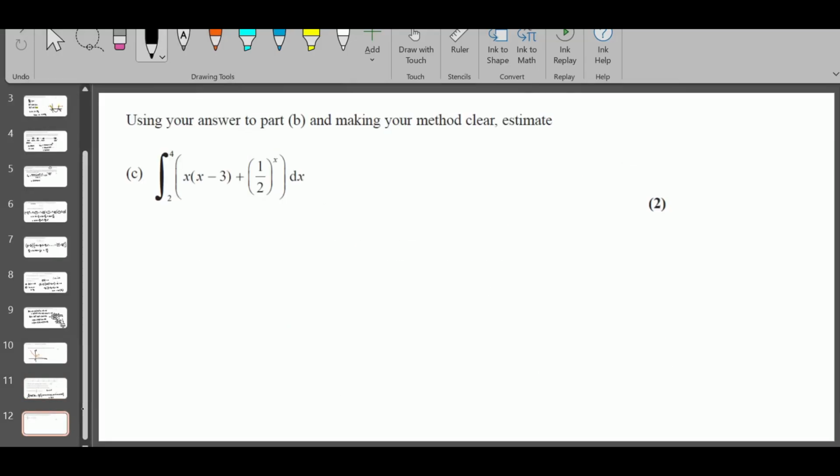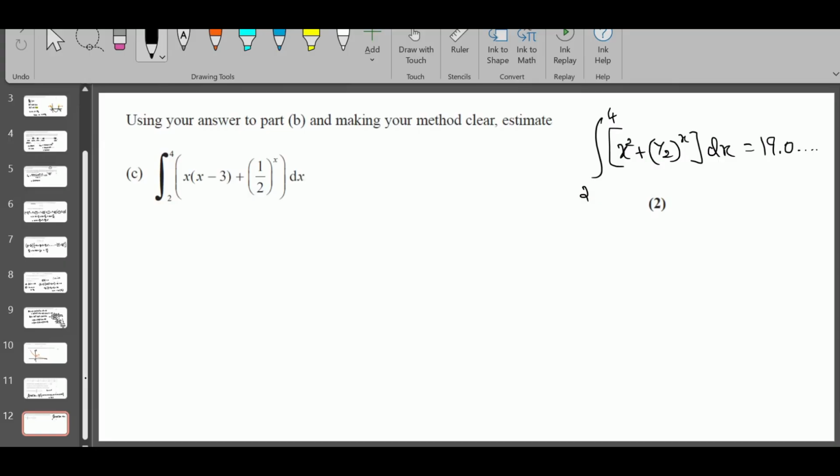Using your answer to part B, making your method clear, estimate this. Okay, in part B the answer was, the integral from 2 to 4 of x square plus half to the power x dx, is 19.0 something, right?